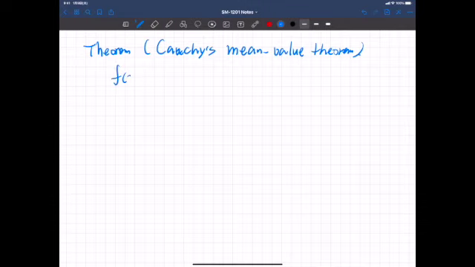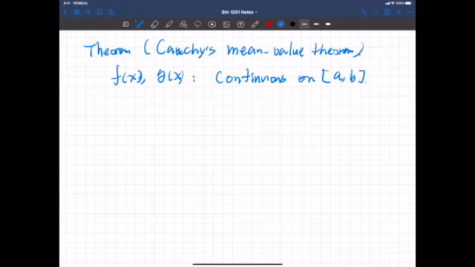Let f of x and g of x be functions that are continuous on the closed interval a, b and at the same time differentiable on the open interval a, b.